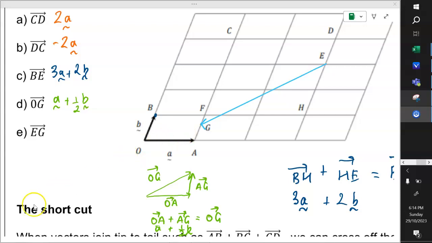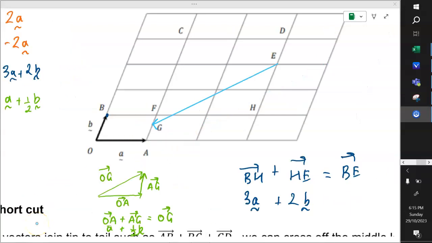So have a little think. It's just a matter of thinking, if thinking of that as my addition vector, let's see if we can move vectors around to get that. I'm looking at that and thinking, if I started here and I had this one across here and this one down here, that would get me my EG.